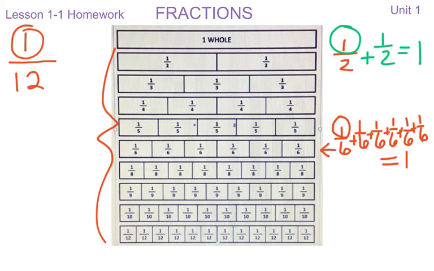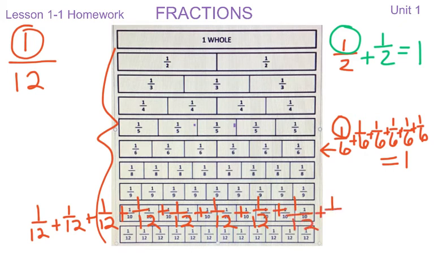So it would be 1/12 plus 1/12 plus 1/12 and so on, twelve times. And when we add fractions, as long as they have the same denominator, these unit fractions, it's going to equal 12 over 12, which is equal to 1.